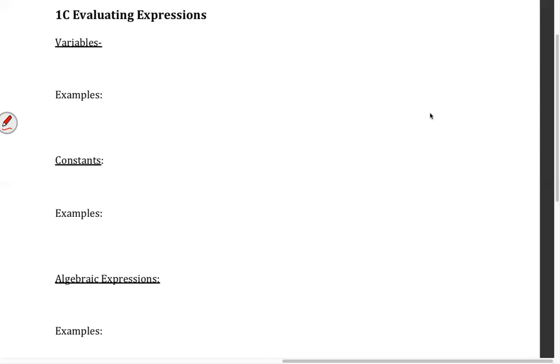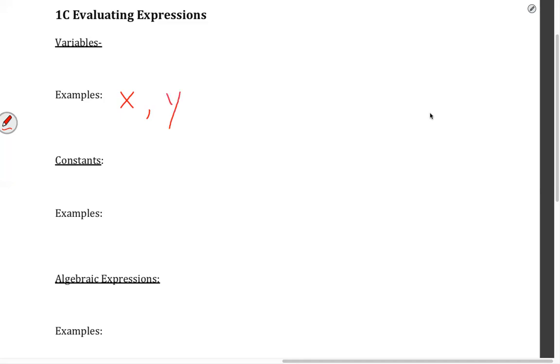X is a variable. Any other variables? Anything else? Let's go with Liam. Liam, can you give me an example of a variable? Y. There you go.